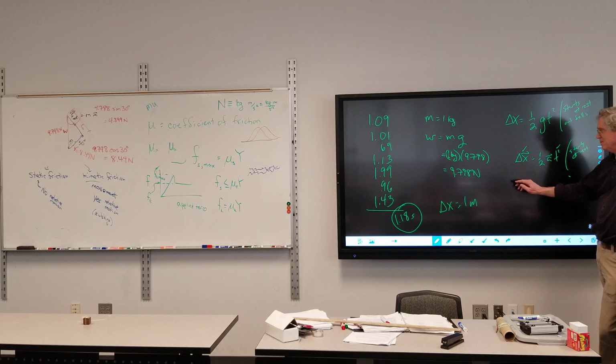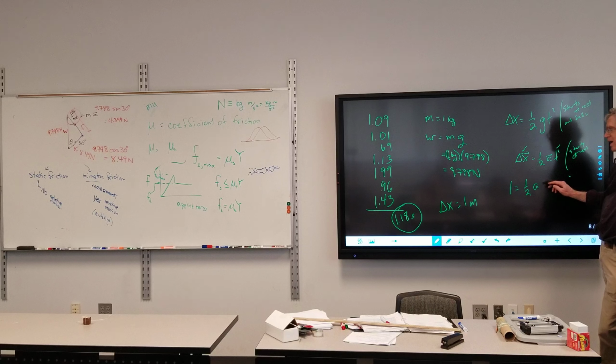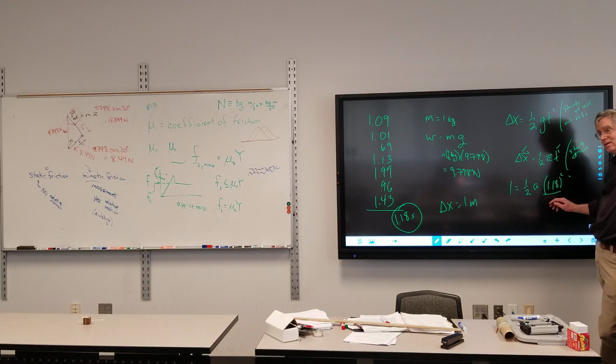But again, so I got 1/2 times a times 1.18 squared. So 1.18 squared is 1.39 times 1/2. .6962 times a.